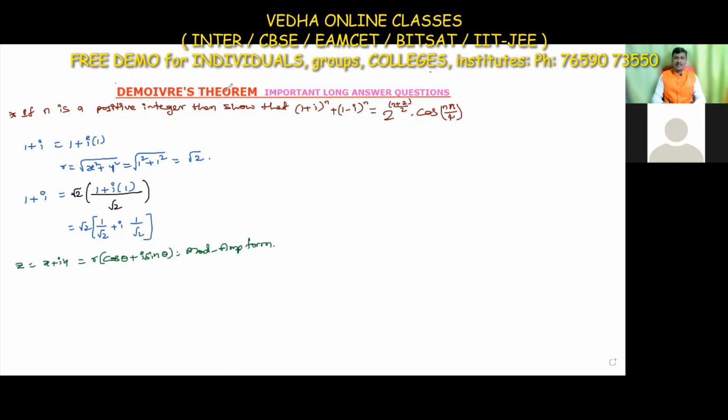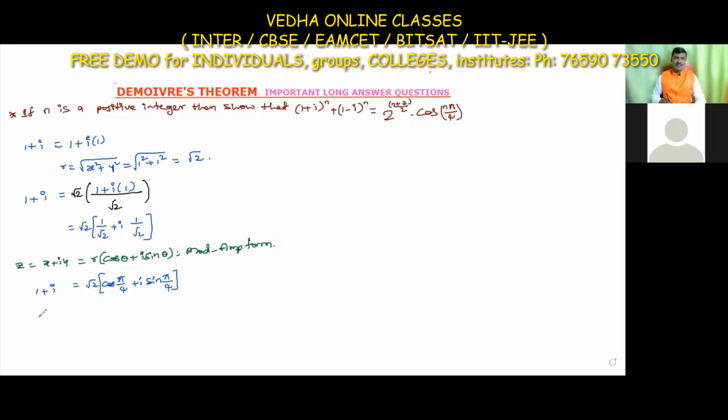So we get 1/√2 as cos θ, cos 45 degrees, that is π/4, plus i times 1/√2 as sin θ, sin π/4. Now it is in the form r(cos θ + i sin θ), which is modulus-amplitude form. This is the value of 1 + i.